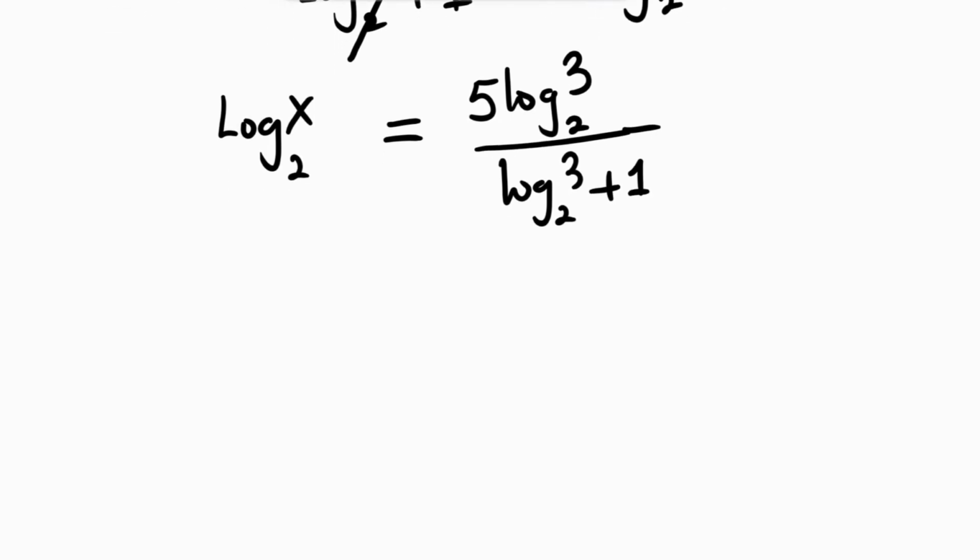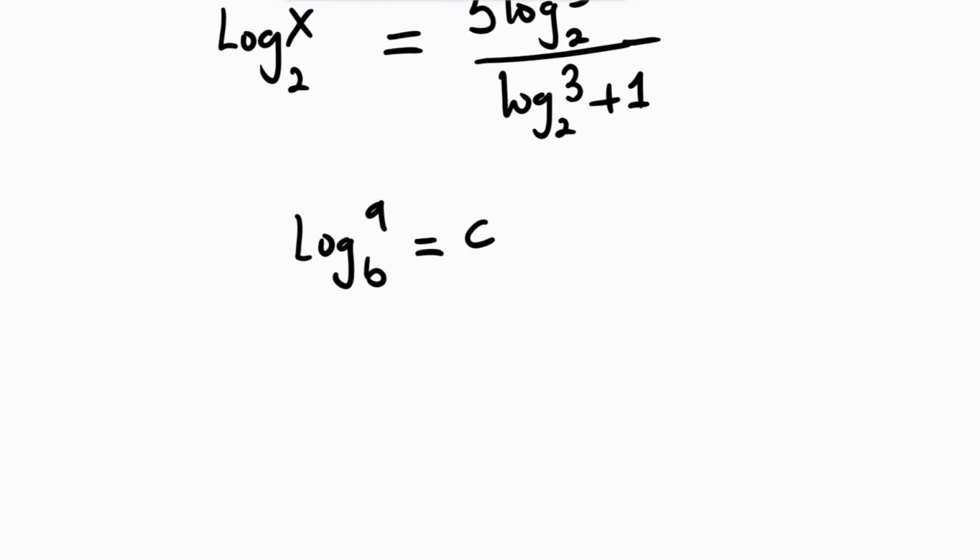Now, let's see this log formula that we have. We have a log formula that states that log of A base B equals C is the same as A equals B raised to power C. So this B pushes this C to the exponent position, and the B becomes the base.